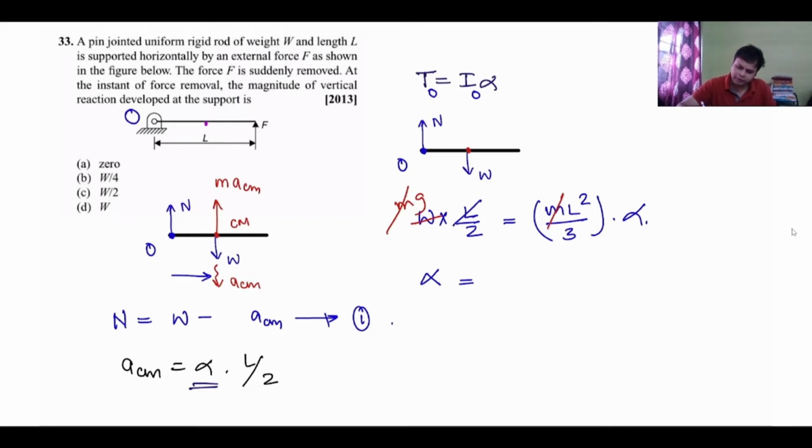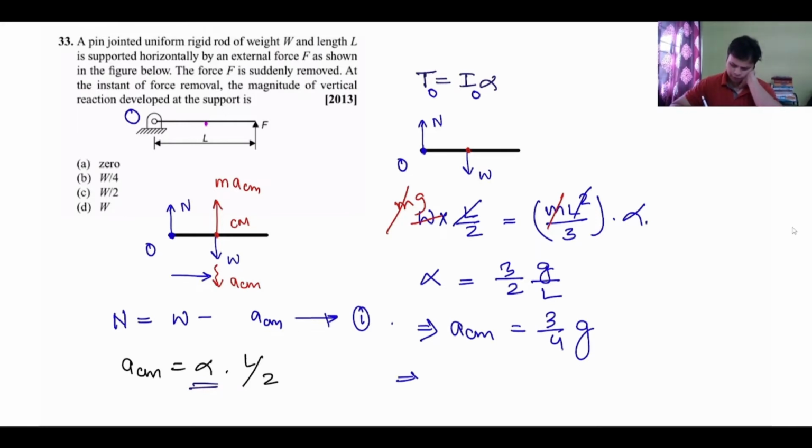So alpha is equal to 3 by 2 g by L. Right? So if you have alpha, this implies ACM, acceleration of center of mass, is equal to alpha multiplied by L by 2. So if I multiply L by 2, it will become 3 by 4 g.